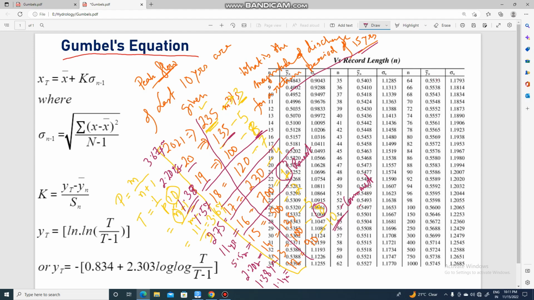Now our question is that we have to find the magnitude of the discharge which has a return period of 15 years. For this, we have to first find the mean value, mean of the variate. In this case, the variate x is the discharge values. So you have to find the average of all the discharges available in the data set.